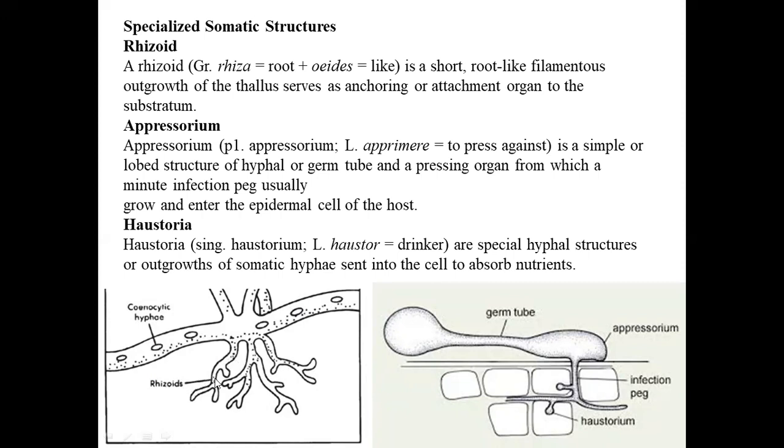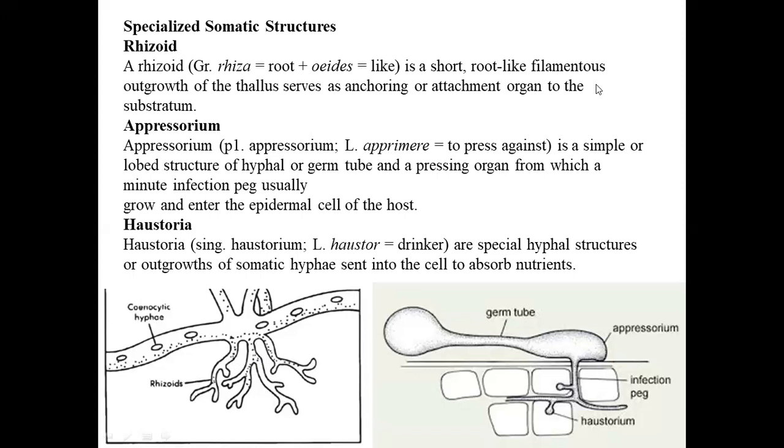It is known to be the roots of the fungus, a root-like structure which attaches over the substratum. The substratum may be roots, stem of the plant, leaf tissues, anything which helps to attach the fungal thallus to a host. That is known as a rhizoid. Then appressorium.